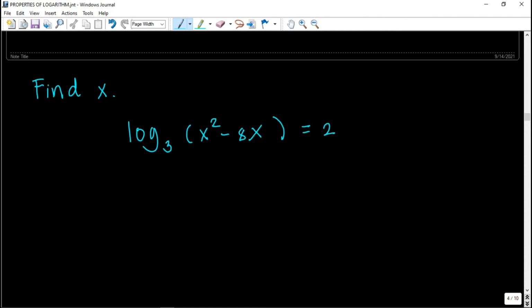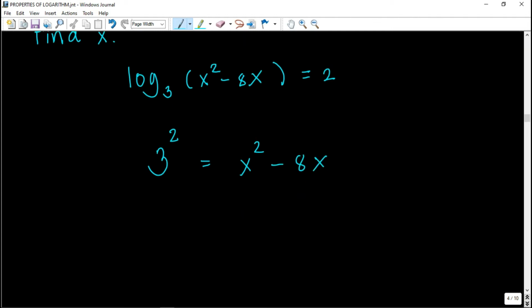The base 3 should be raised to 2, so 3 squared is equal to the argument x squared minus 8x. Therefore, 9 equals x squared minus 8x.